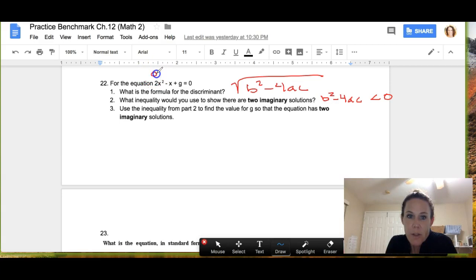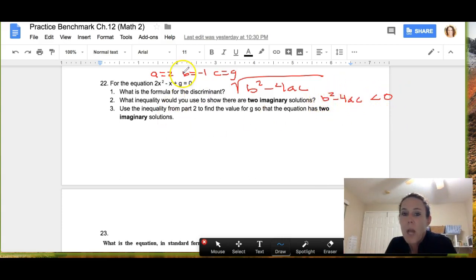My a value is 2. My b value, nothing's written there, so it's a 1, so my b value is -1. And then my c value is g. We've got to figure out what g is, but I know a is 2, b is -1, and c is g.